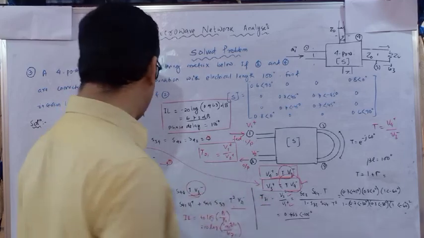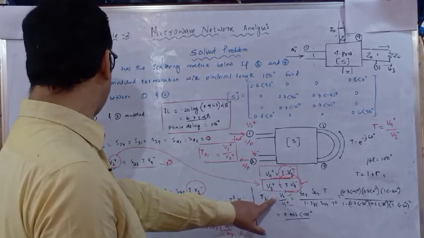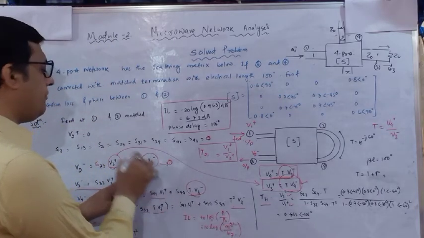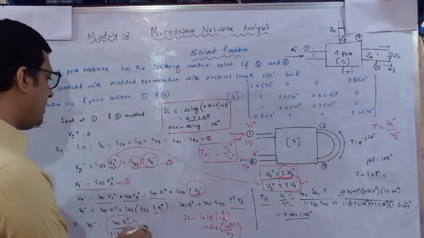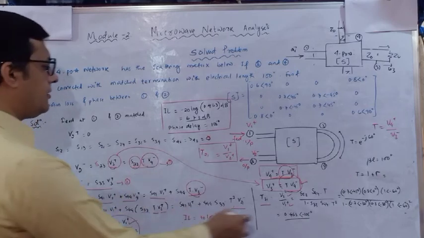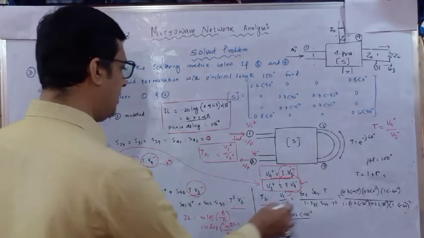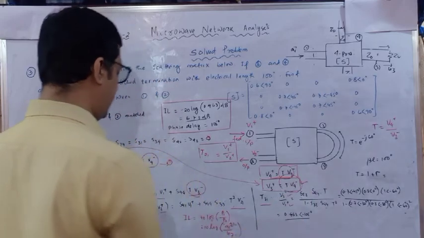Now whatever we have here, we need to substitute. So what is V2 minus? V2 minus is S23 into T into V4 minus. So this V4 minus we have calculated here. You need to substitute in this. So it is S23 T into S44 divided by 1 minus S33 S44 T square.